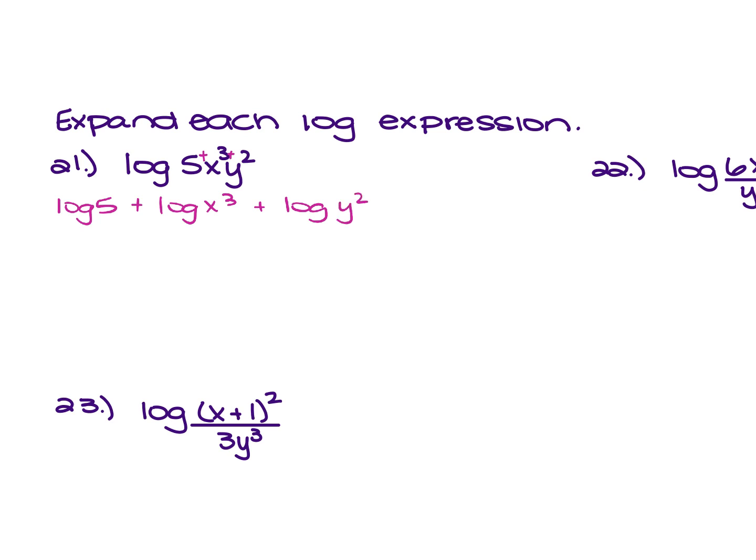Lastly, you cannot leave your power on the x cubed or the y squared. So that has to go in front of each of those logs. So that's going to give you log of 5 plus 3 times log of x plus 2 times log of y. You are all finished with that one, so that is your answer.